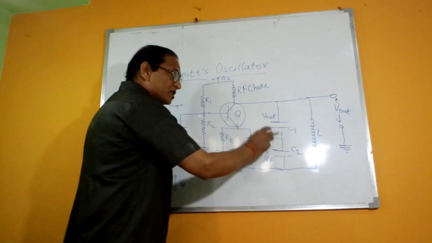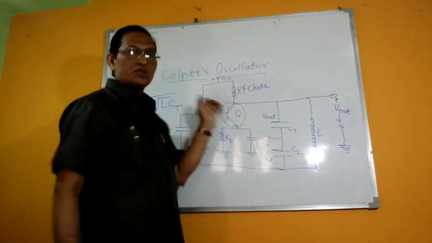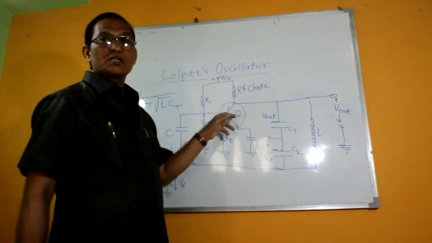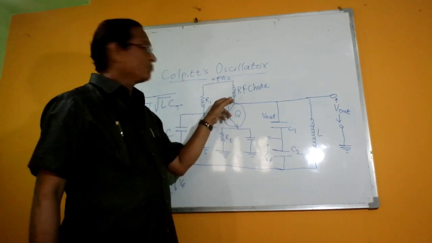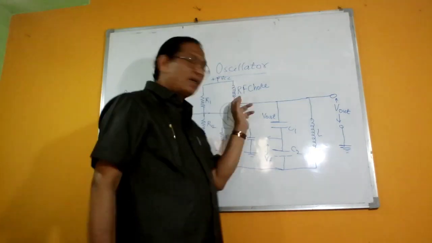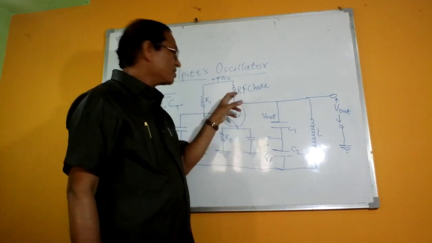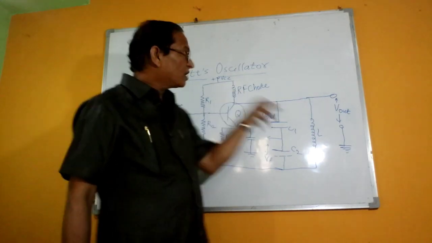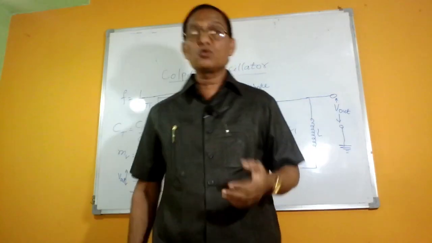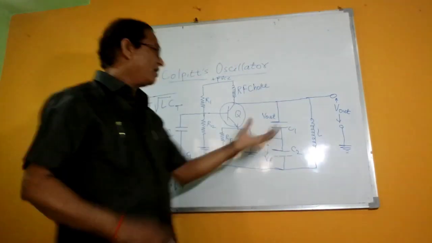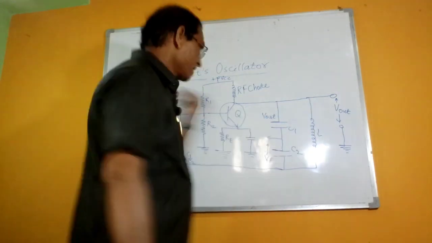Now, whatever oscillations are set up are fed to the transistor across the base, which appears in amplified form across the collector circuit. This amplified output of the transistor is given to the tank circuit, the energy supplied to overcome or meet the losses of the oscillations set up in the tank circuit.